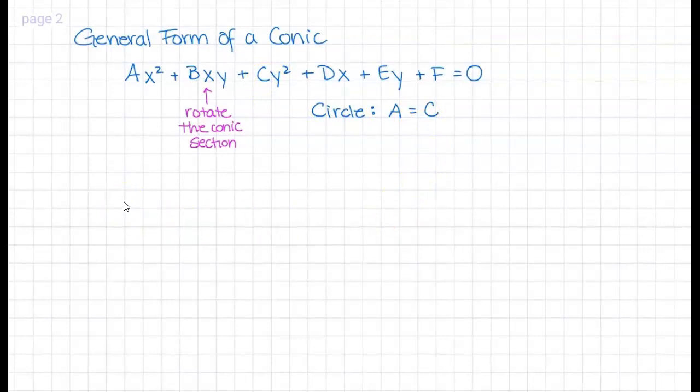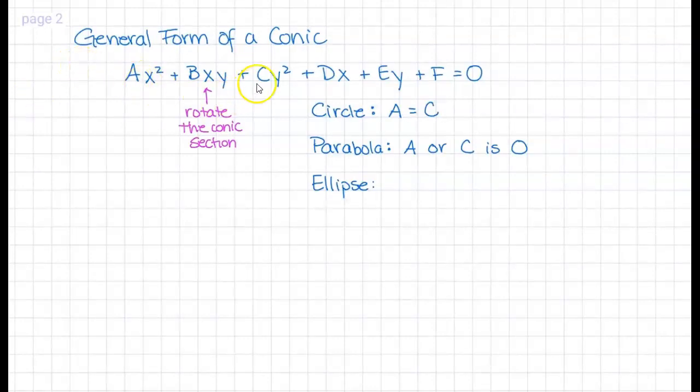Now, a parabola only has an x squared or a y squared. It doesn't have both. That means A or C has to equal 0. A or C is 0. And then the only difference between the ellipse and the hyperbola is the plus and the minus sign.